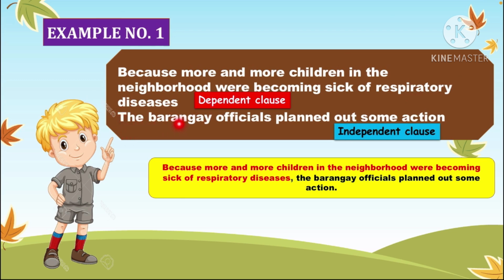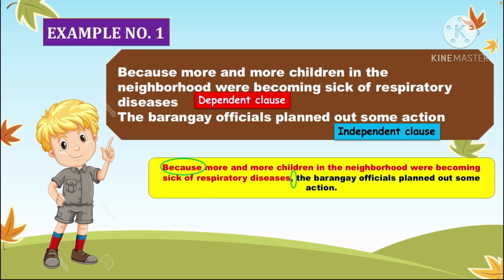Next, the barangay officials planned out some action. There is no subordinating conjunction here, and even without the dependent clause, it can still be called a sentence in the form of a simple sentence.